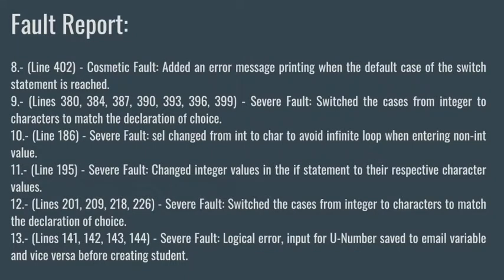We also had some different aspects of an infinite loop, as I mentioned before. You can see it here in bug 10, which was on line 186. Of course, every single time we wanted to change the type of the user inputs, we also had to change all the implementation on the different switch cases, because they were implemented with integers instead of with characters. So that was another fix that we had to do across the project.